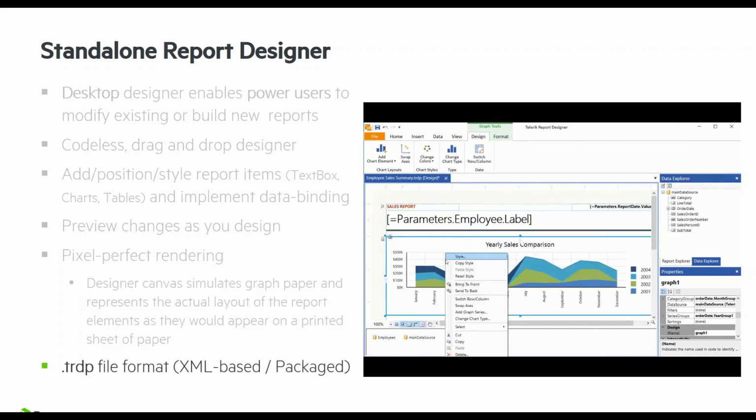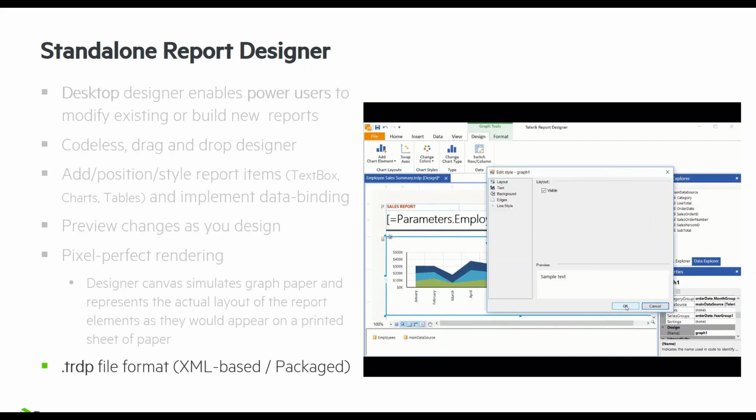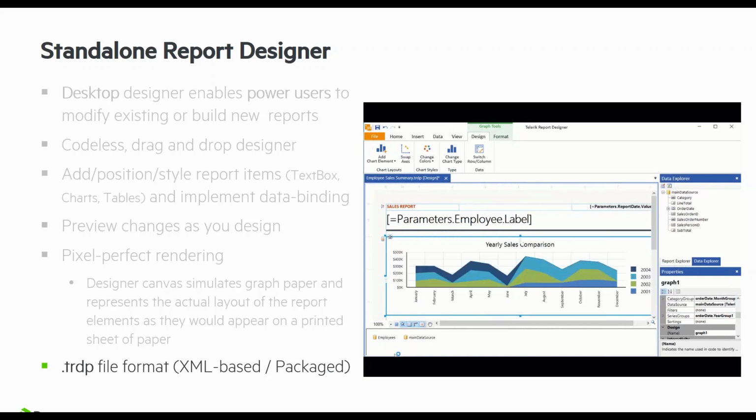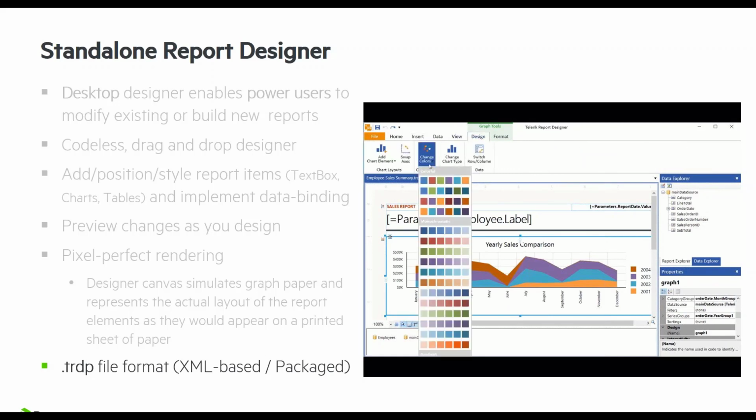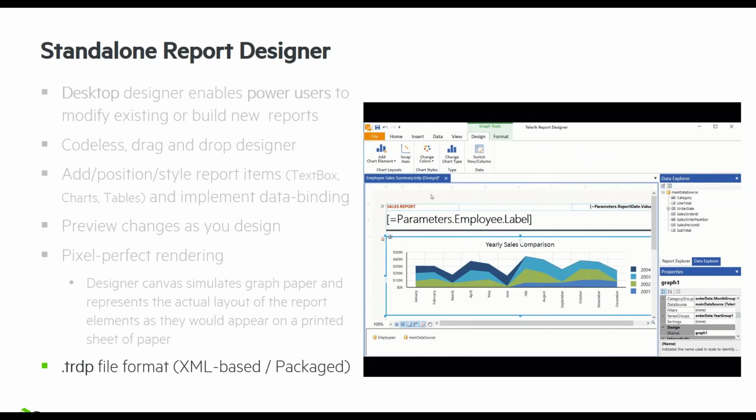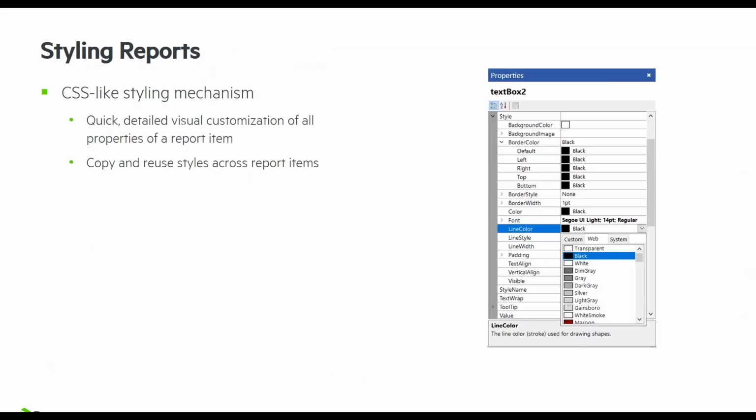Telerik reports designed in this designer are a .trdp, Telerik Report Definition Package, which is the XML definition of the report, and then a zip that contains any other resources needed to run that report.